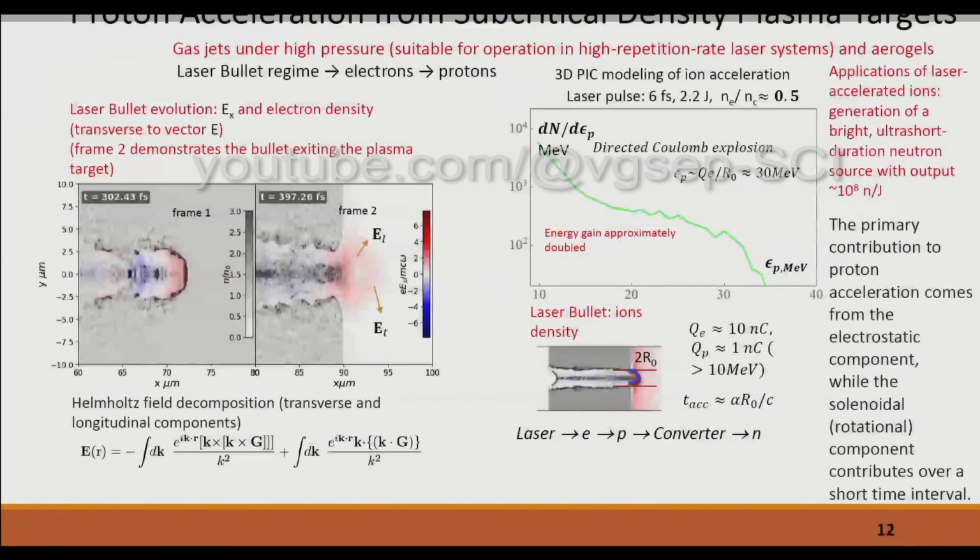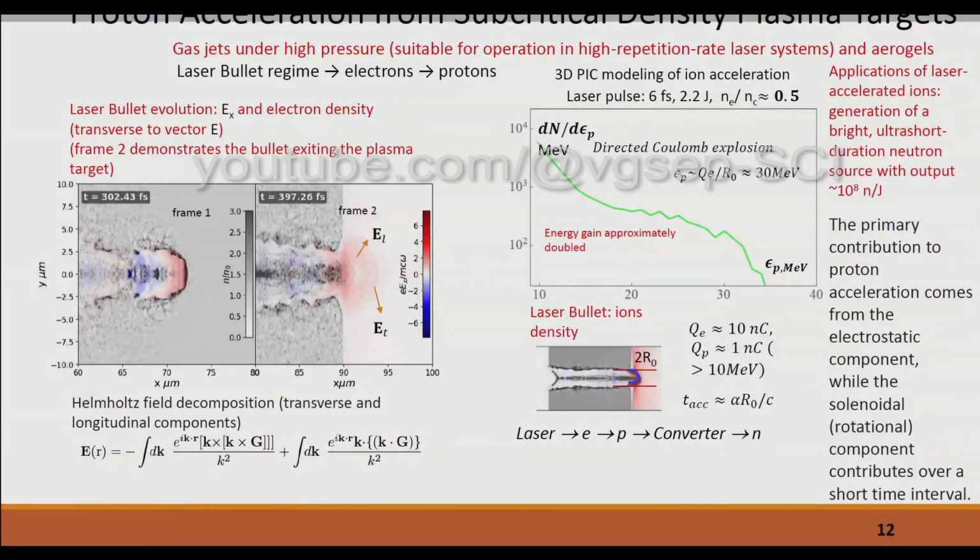And my last slide is the next stage of our research, which is about proton acceleration. Having known that the bullet is the optimal way to get high energy electrons at a high total charge, we can make use of this regime to analyze the proton output.